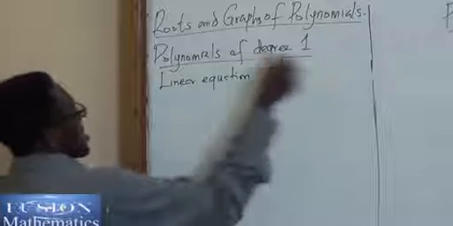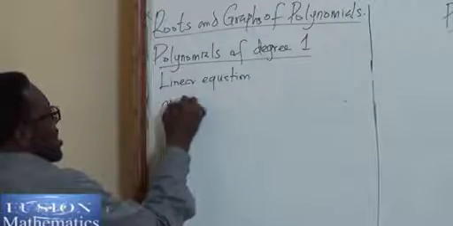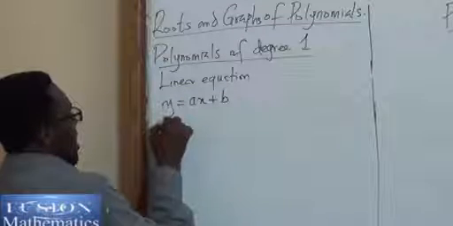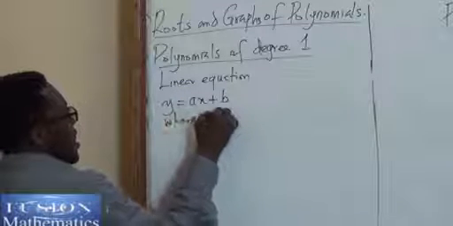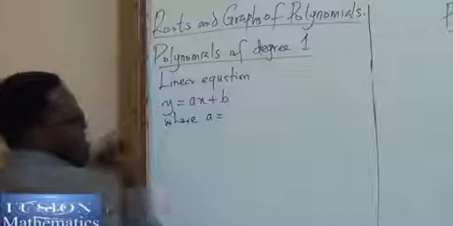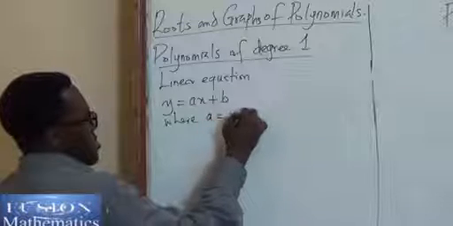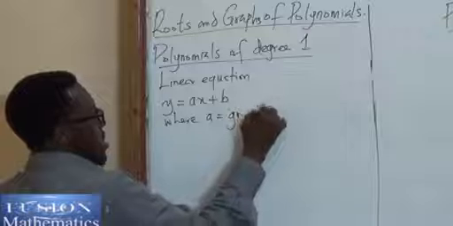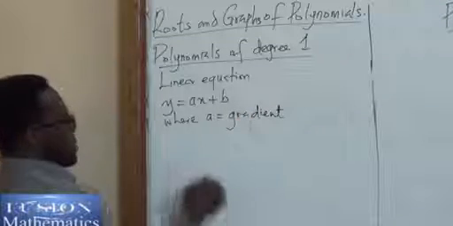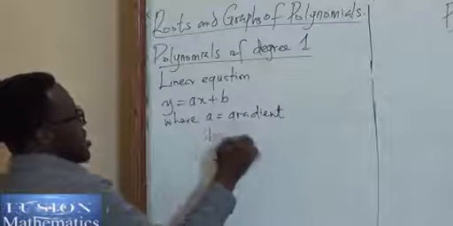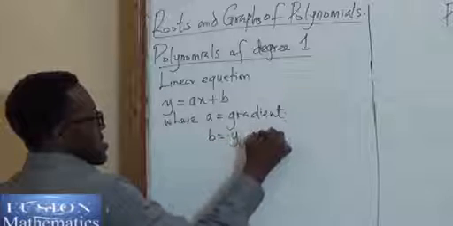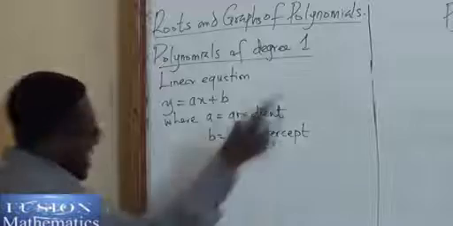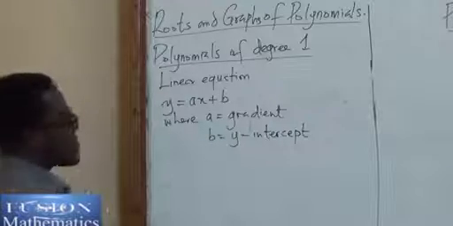It is generally represented by y equals ax plus b, where a is the coefficient of x, and it is the gradient. Then b is called the y-intercept. That is the part of the line that intercepts the y-axis.